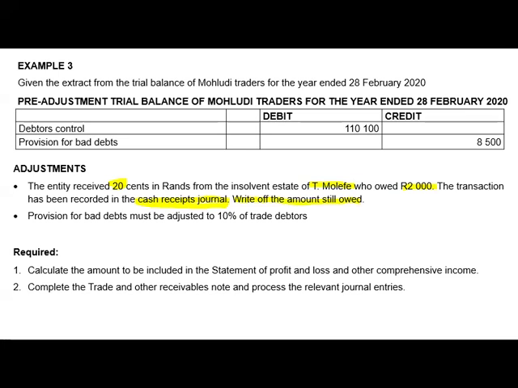Does that affect our debtors control? Positively or negatively? We need to subtract that. What is 80 cents? What is it? Dividend. No, the dividend is 20 cents. What is the 80?